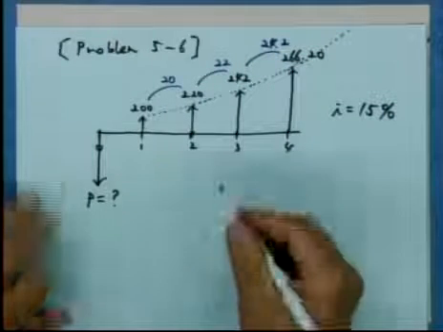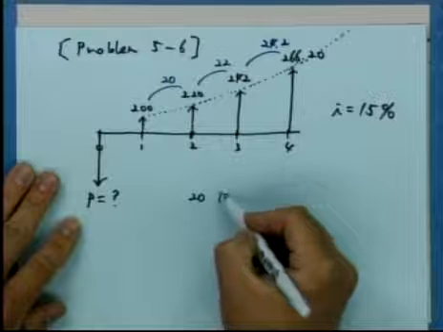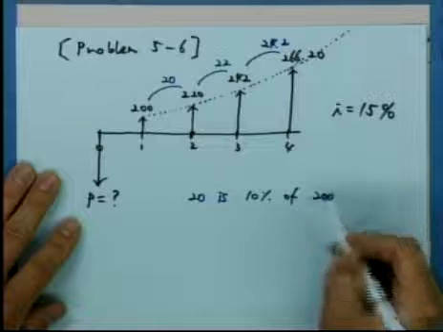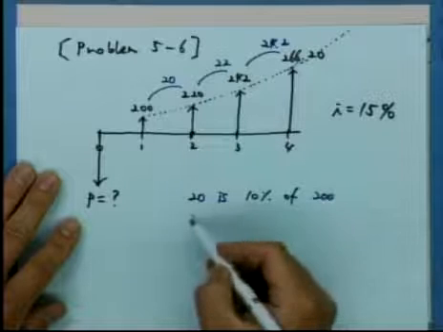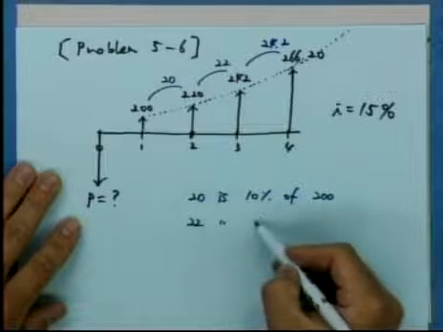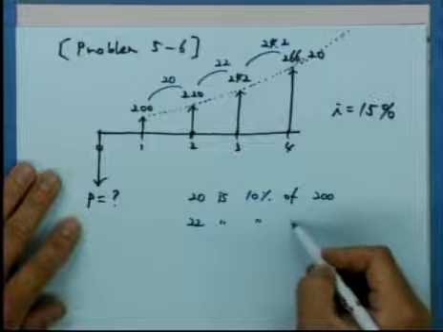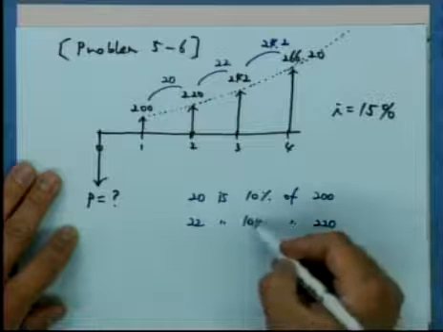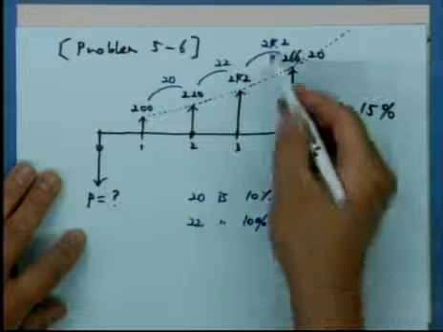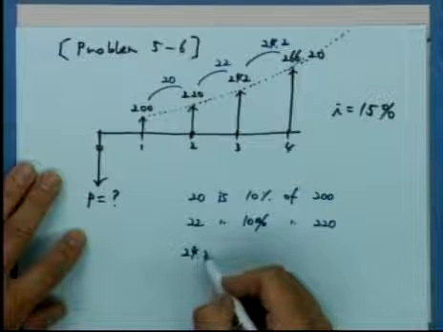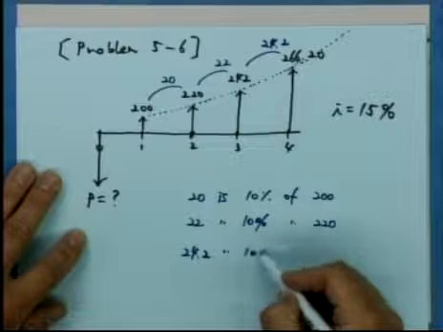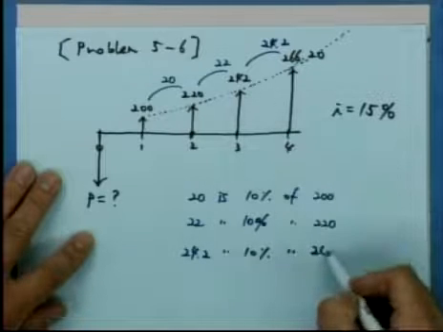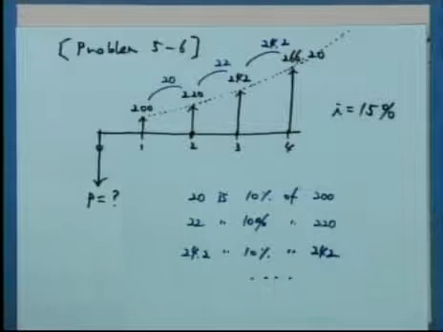What about this 22? 22 is, again, 10% of 220. Is that correct? Likewise, the next value, 24.2, is again 10% of 242, and so on.